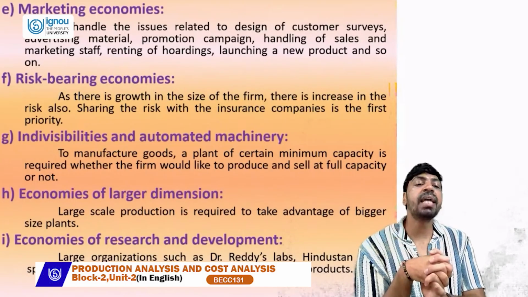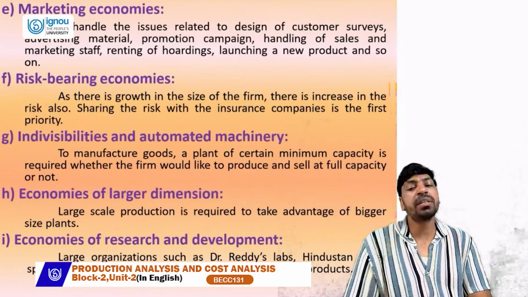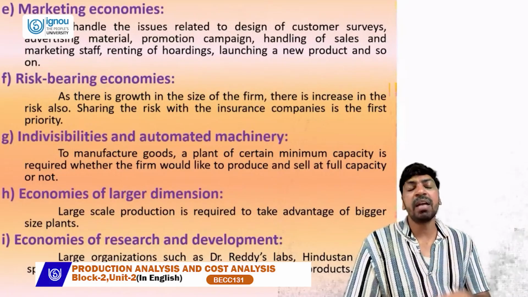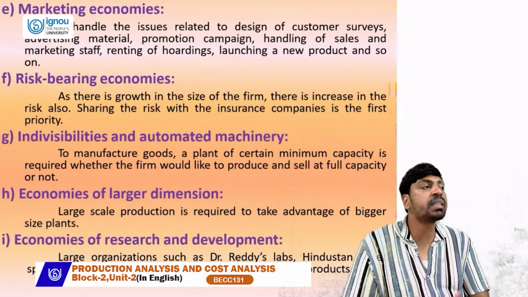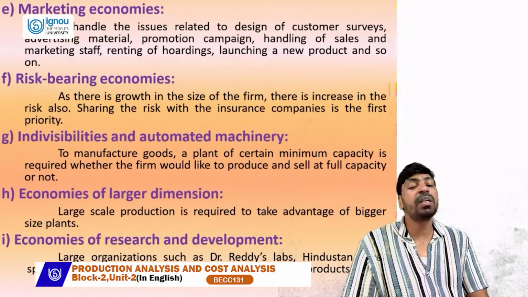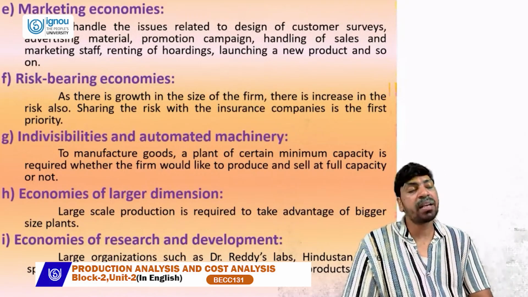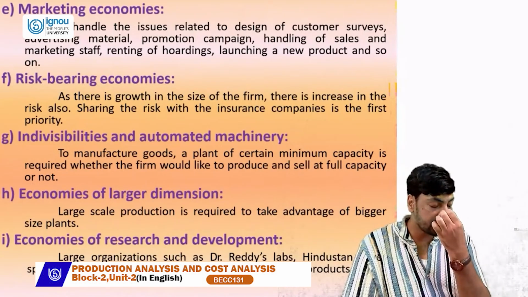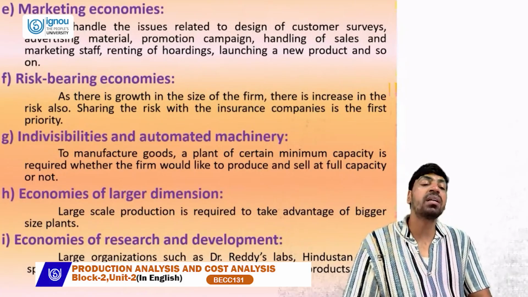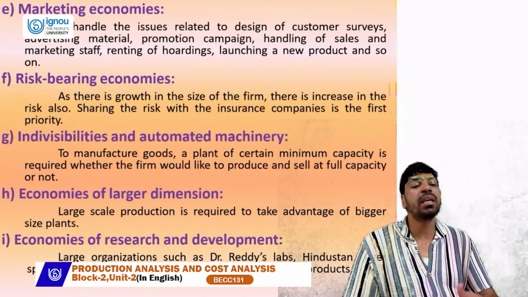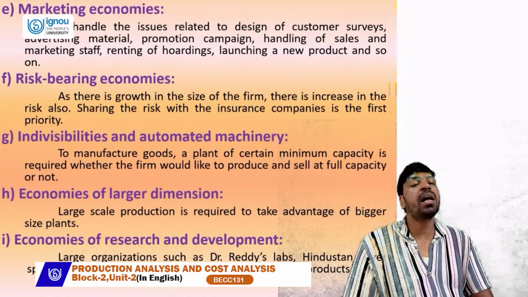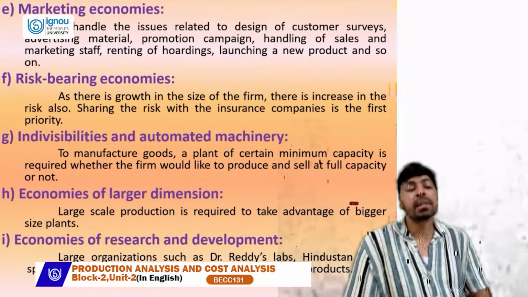The next one is economies of larger scale. When a manufacturing company takes responsibility that production could be done at a large scale, it is possible when the company expands or plans to expand.